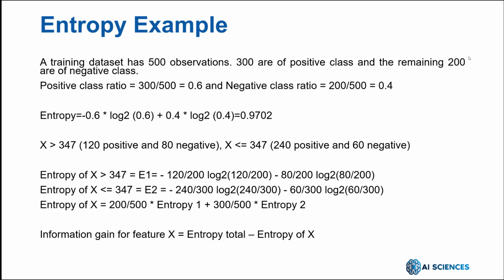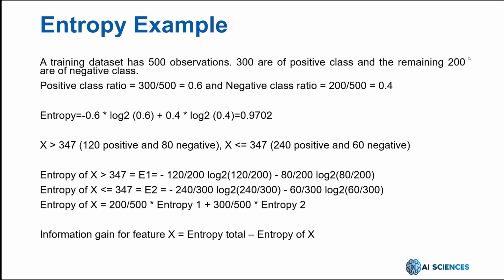equals 0.9702. A feature X in the dataset is split as X is greater than 347, 120 positive and 80 negative. X is less than or equal to 347, 240 positive and 60 negative. Entropy of X greater than 347 equals E1 equals negative 120 divided by 200 log 2 120 divided by 200 minus 80 divided by 200 log 2 80 divided by 200.